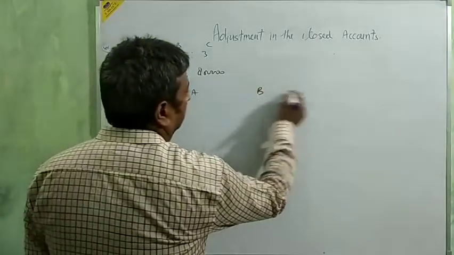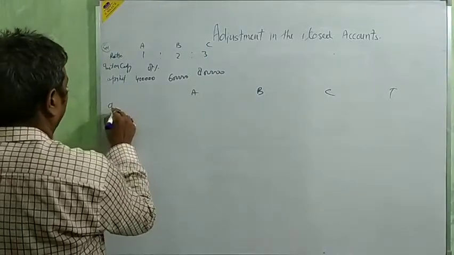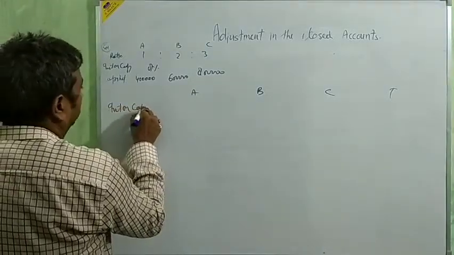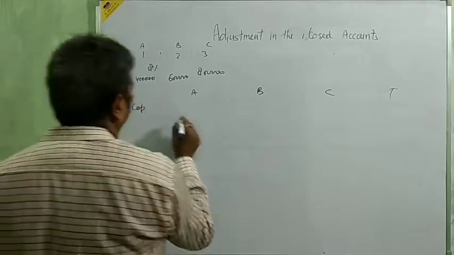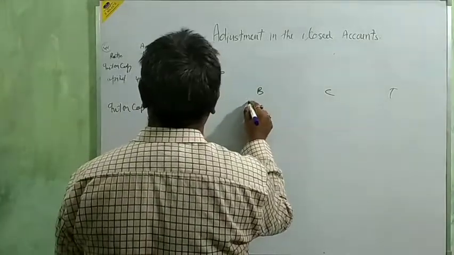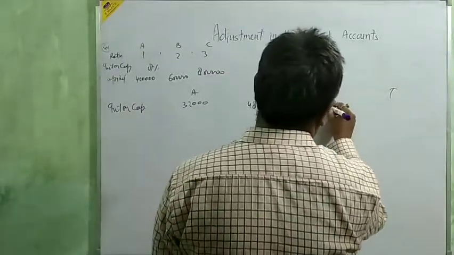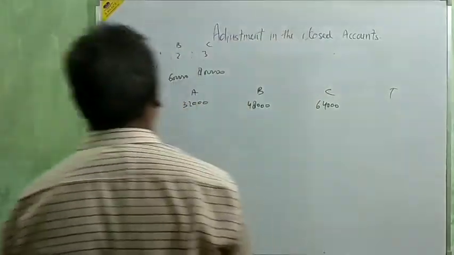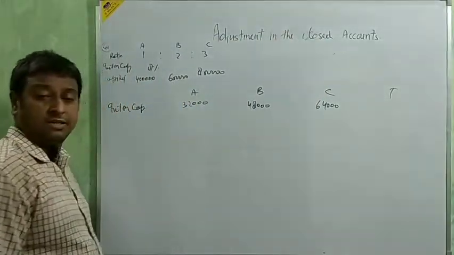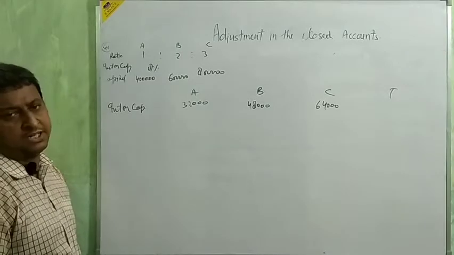A, B and C, then total interest on capital at 8%: 32,000, 48,000, 64,000. Okay? Clear? It's 1 year interest on capital.